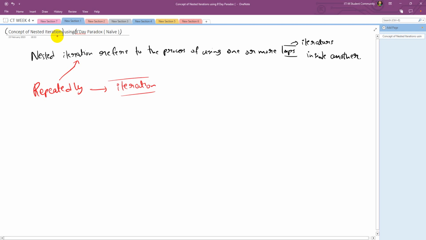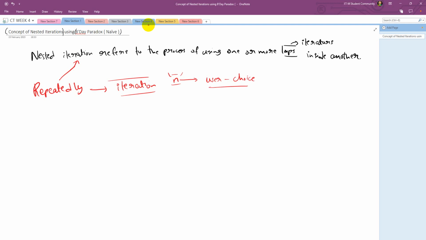Repeatedly means iteration. So loops are used to execute a block of code repeatedly n number of times. N means any number of times. It can be 1, it can be 2, it can be 10 as well. Any number that the user or the programmer wants to repeat. N is user choice.